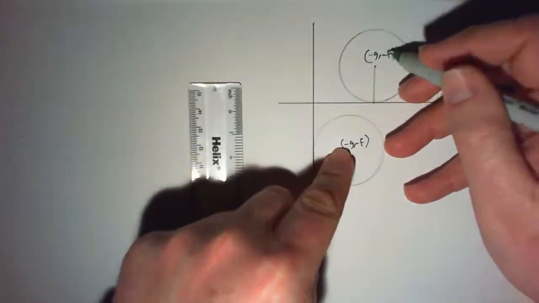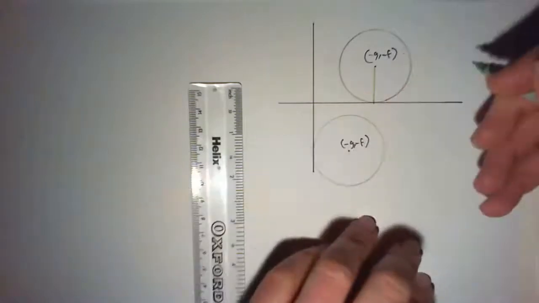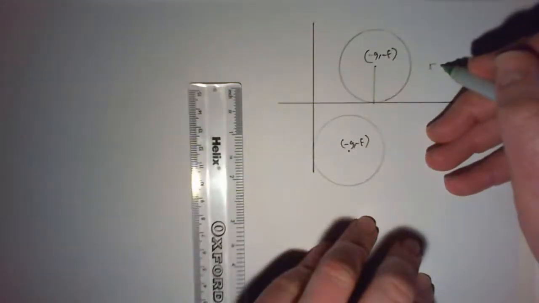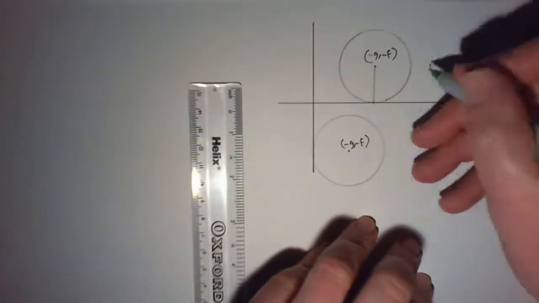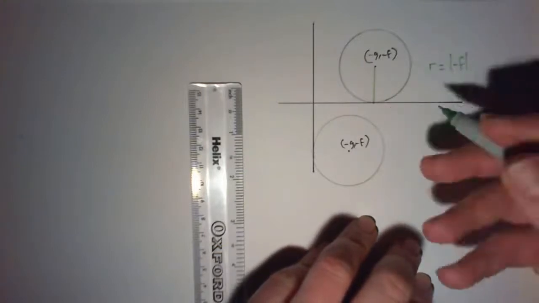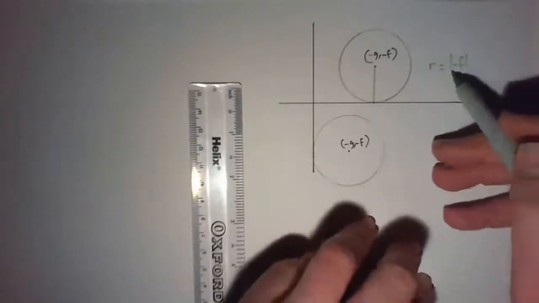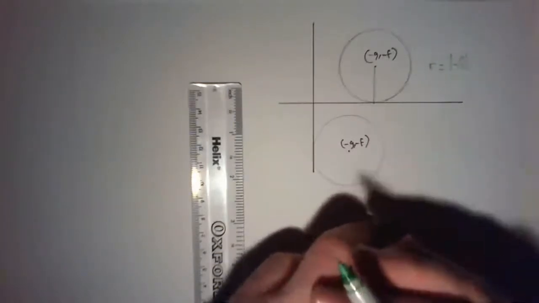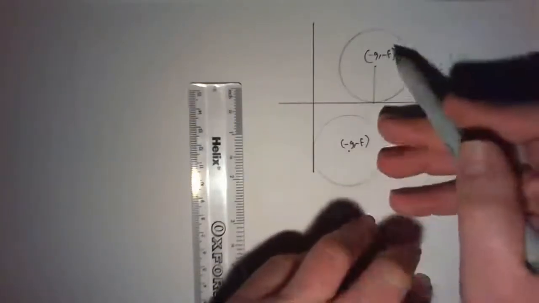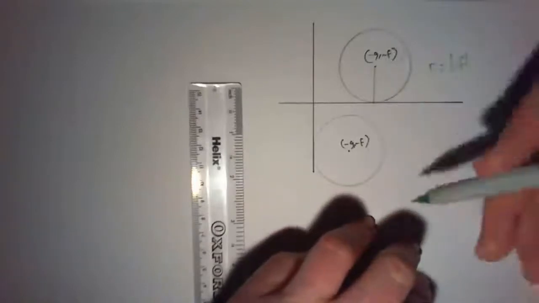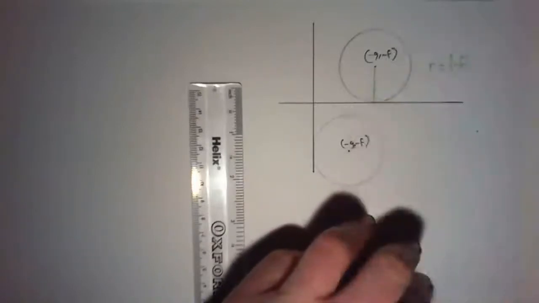It's the f bit of it. So the radius of this one is really going to be whatever the absolute value of minus f is, because you ignore the minus bit, as you can't have a negative distance. It's just whatever the f number is. So if that was 2, 3, the radius has to be 3. It's as simple as that. There's no way around it.